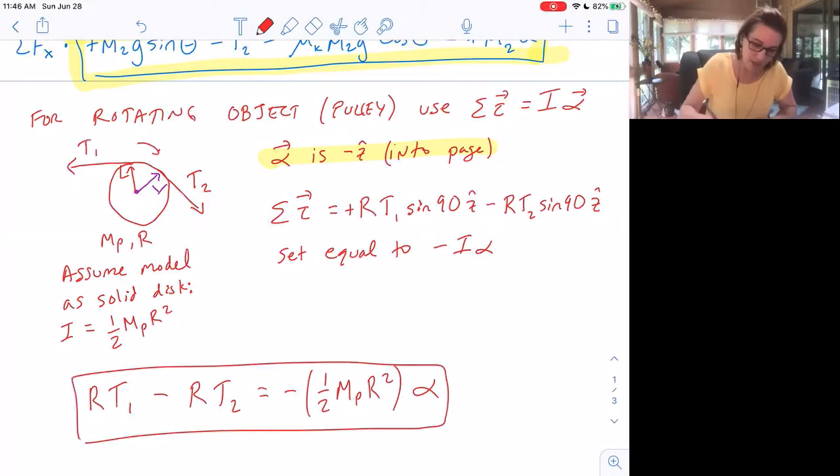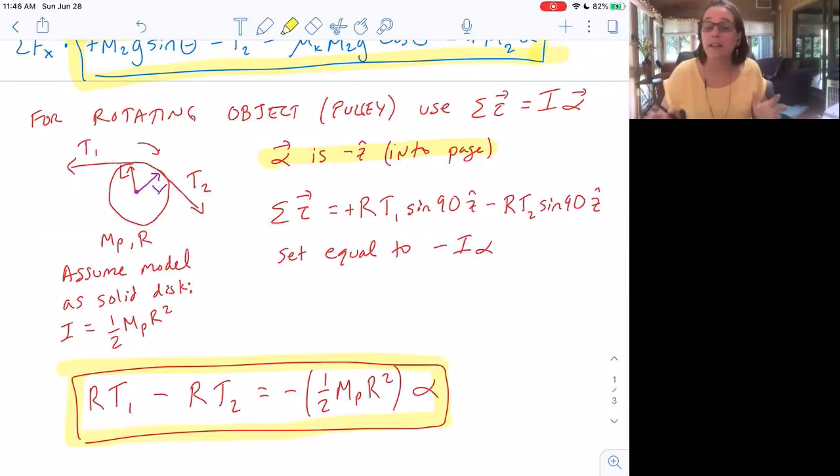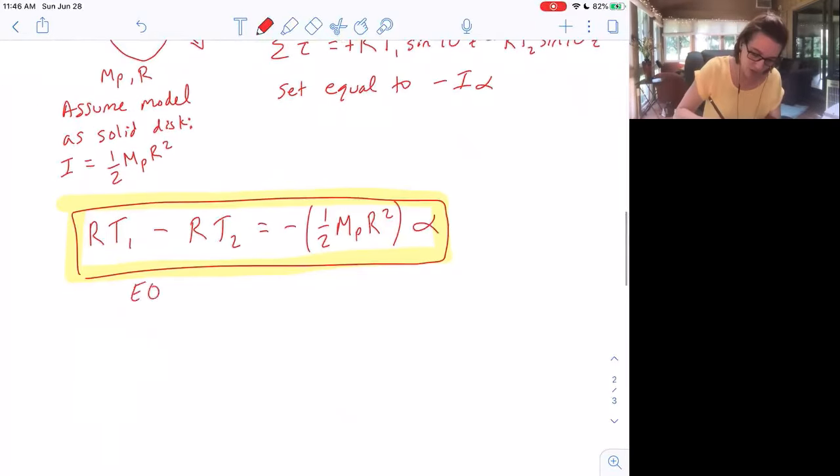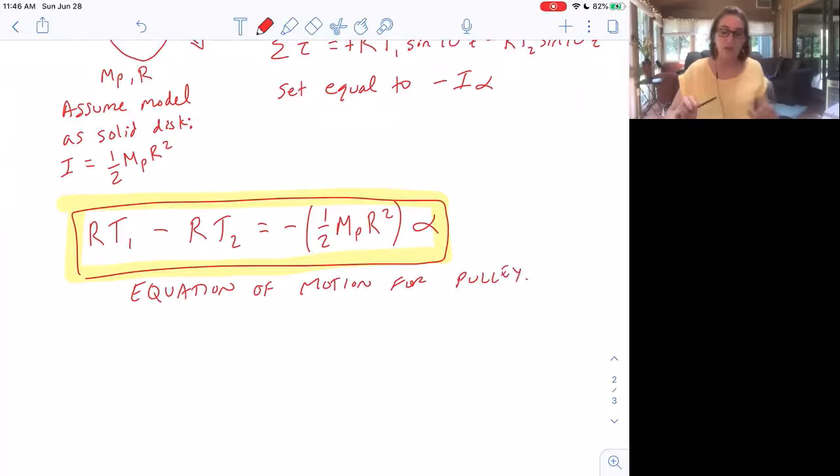I'm going to box it and keep it. And so now I have my 3 equations of motion. So this is my equation of motion for the pulley. So I now have my 3 equations.